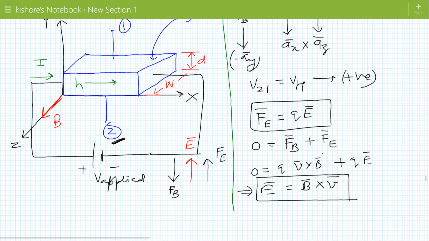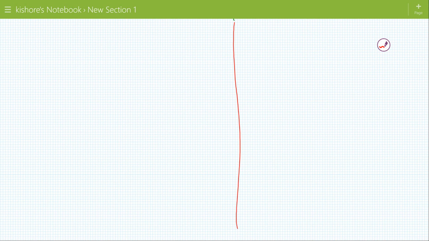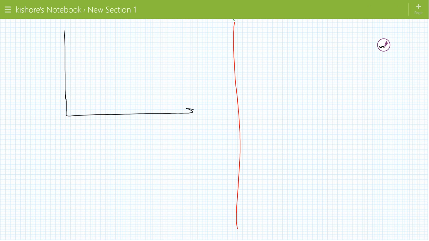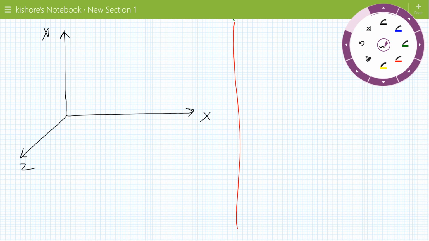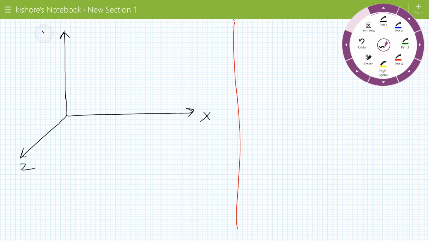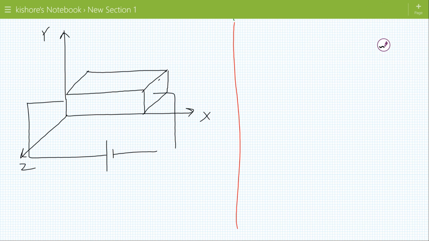Now suppose the semiconductor is n type.